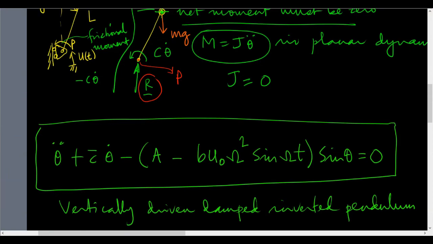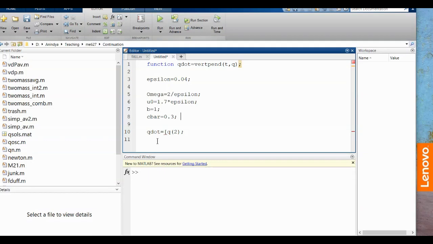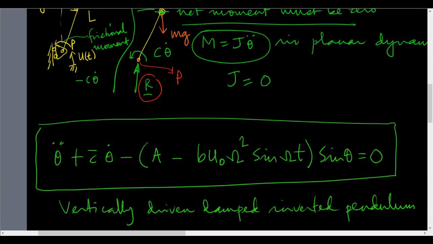So minus c bar theta double dot, right? So minus c bar times q2, and then plus, and then for a I will put 1.